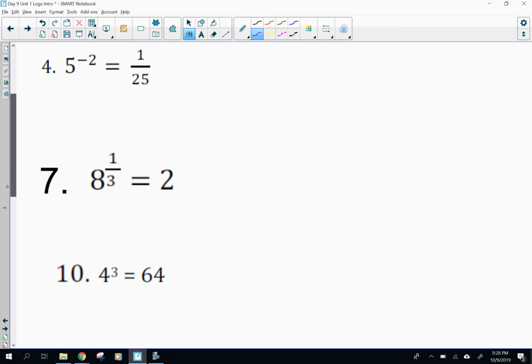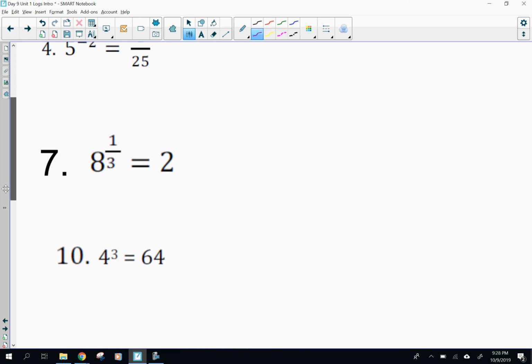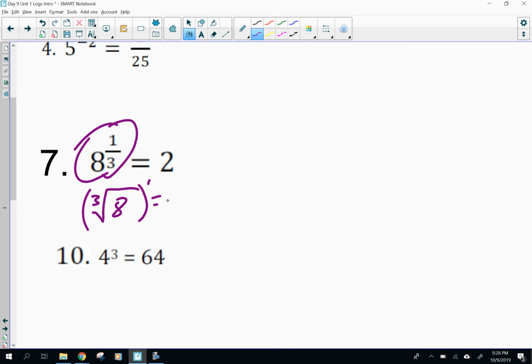Skipping it. This one. Sometimes it gets confusing because you have fractions as exponents. Remember the 1/3 power? The denominator says the index of the radical. So the third root of 8 to the first is 2.